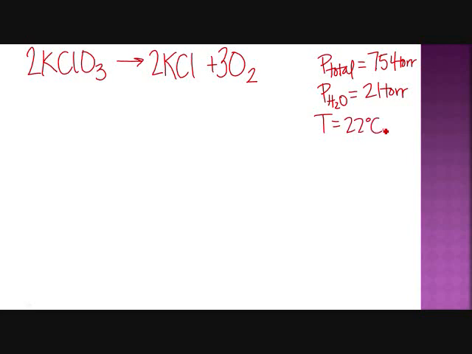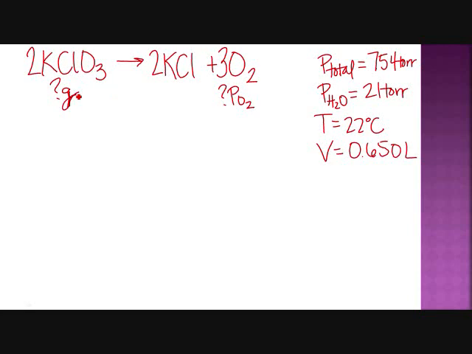And we know that the volume of the gas collected is 0.650 liters. Okay. Am I missing anything? Any other numbers? I don't think so. Okay, we need to calculate the partial pressure of the oxygen. And we want to know the grams, the mass, of potassium chlorate.